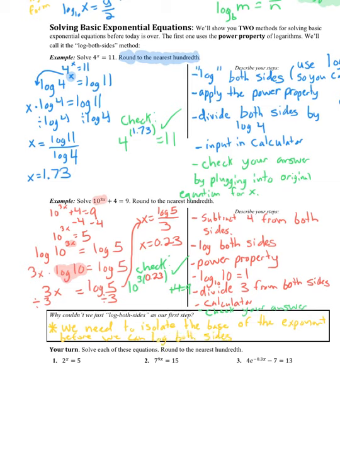It gets really, really tricky, and you'll get it wrong, if you don't start by subtracting 4 from both sides. You've got to get that base isolated before you log both sides.